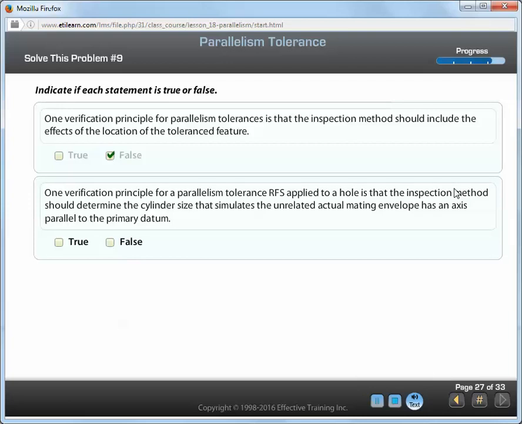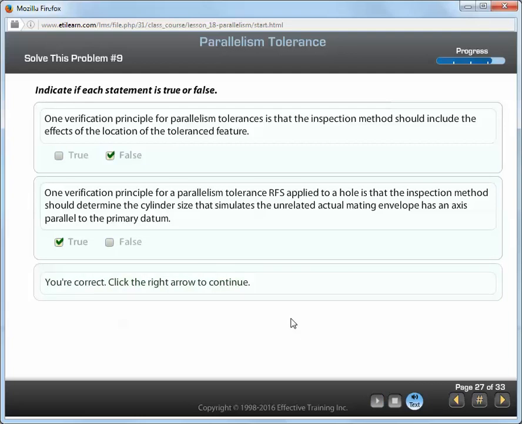One verification principle for a parallelism tolerance RFS applied to a hole is that the inspection method should determine the cylinder size that simulates the unrelated actual mating envelope, has an axis parallel to the primary datum. You're correct. Click the right arrow to continue.